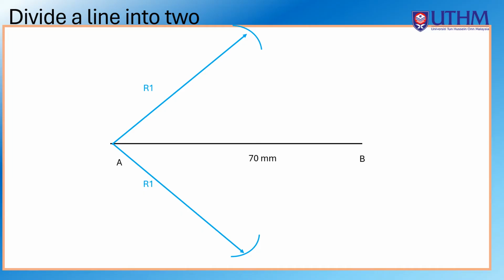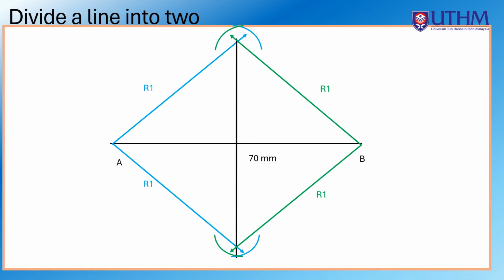Again, from point B, make a curve with radius R1 above and below line AB. Now you have two intersections from these curves. From the two intersections of the curve created, make a straight line that connects these two points. Now you have divided the line AB into two.